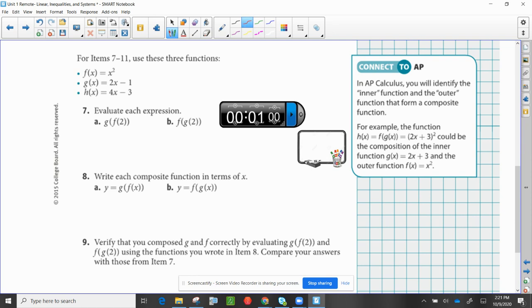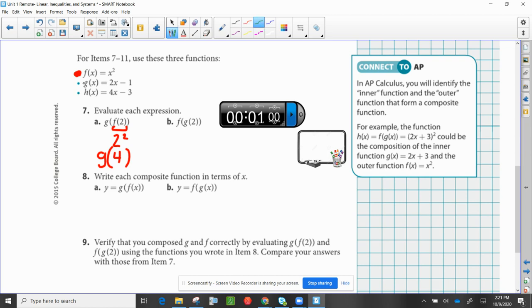We always start with our inner function, so we evaluate f of 2 first. f of x is the x squared function, so I plug this in for x. That becomes 2 squared, which is 4. Now that we've evaluated the inner function, I evaluate g of 4.